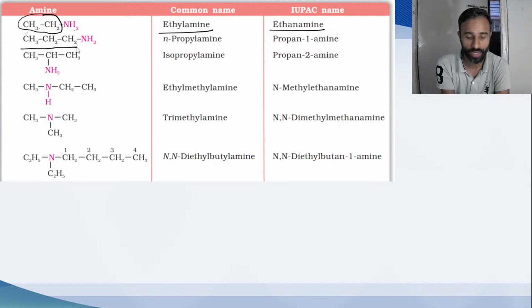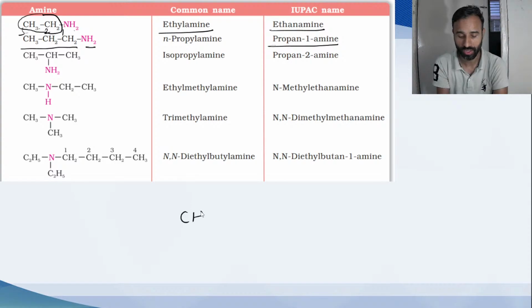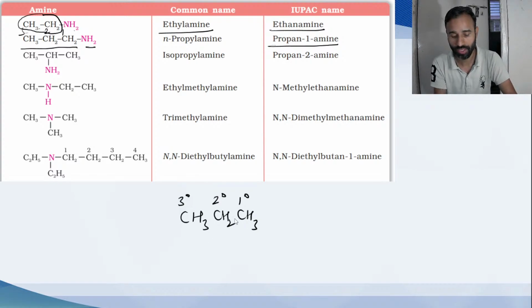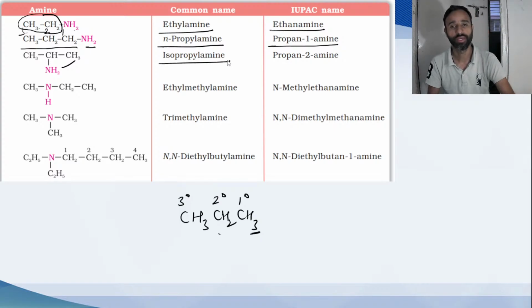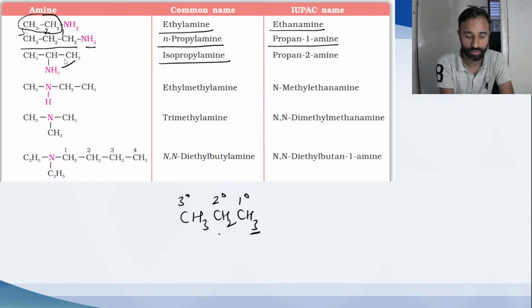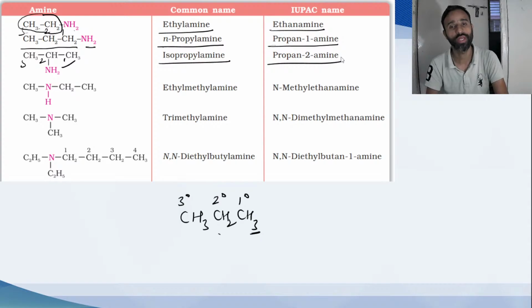Here it is propanamine, or propan-1-amine, because there are two types of carbons in CH3CH2CH3: primary carbon, secondary carbon. If a primary hydrogen is replaced by NH2, that is called normal propylamine. If a secondary hydrogen is replaced, that is called isopropylamine, and it is propan-2-amine, and the first one is propan-1-amine.